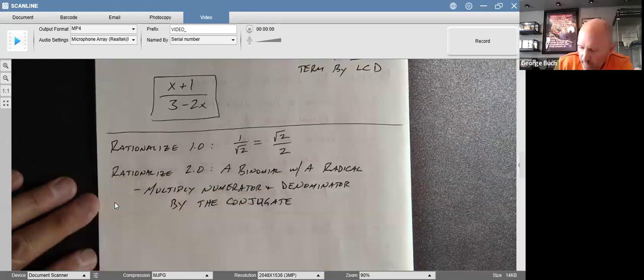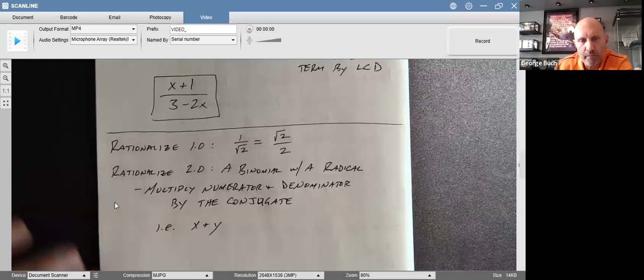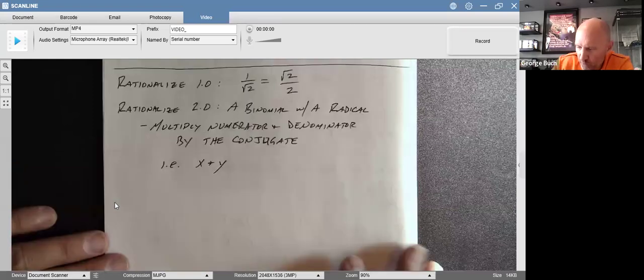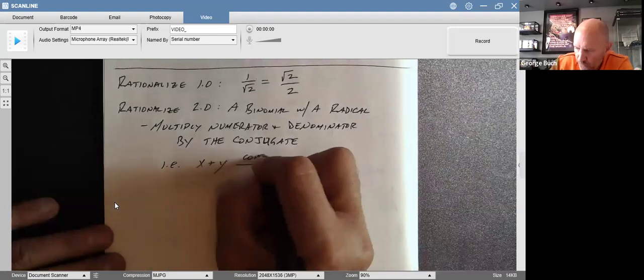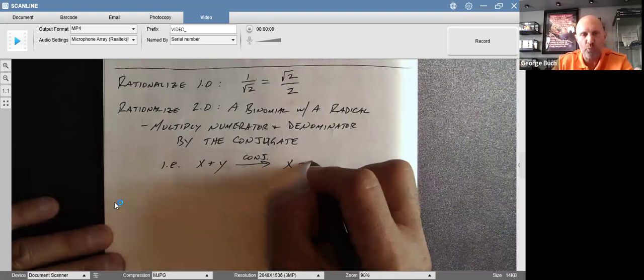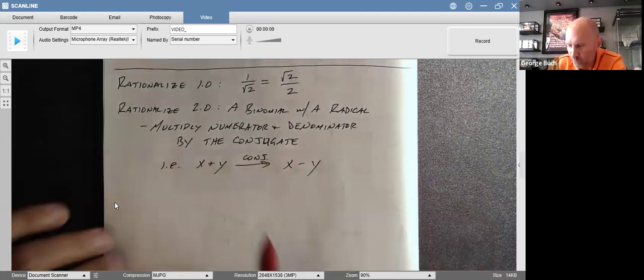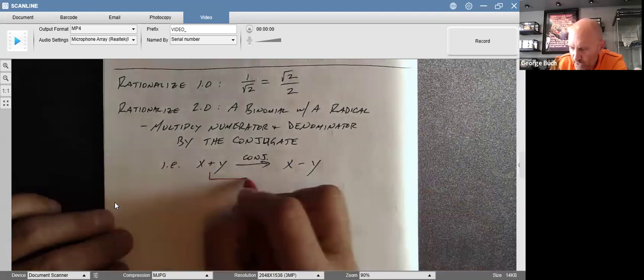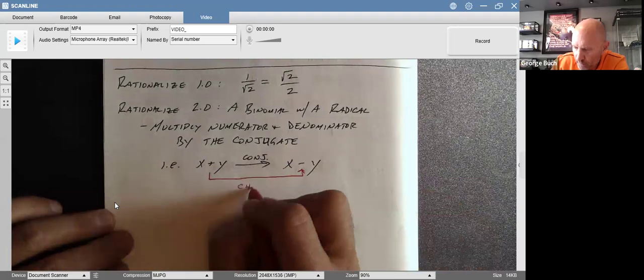Very simply, let's say I have x plus y. The conjugate of x plus y is just x minus y. We leave the values the same, x and y, and the only thing we change is the middle sign.